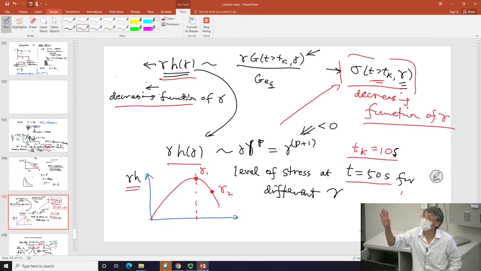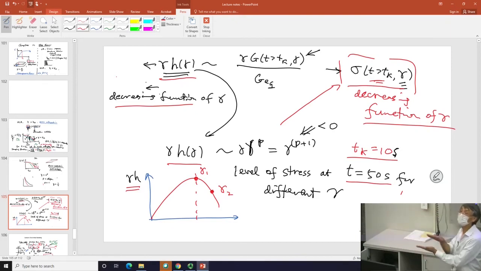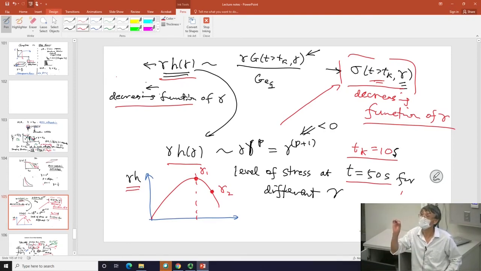How can I apply more strain when I wait in both experiments at the 50th second, and my stress that involved higher strain actually was lower? That's the reality. That's the experimental data.